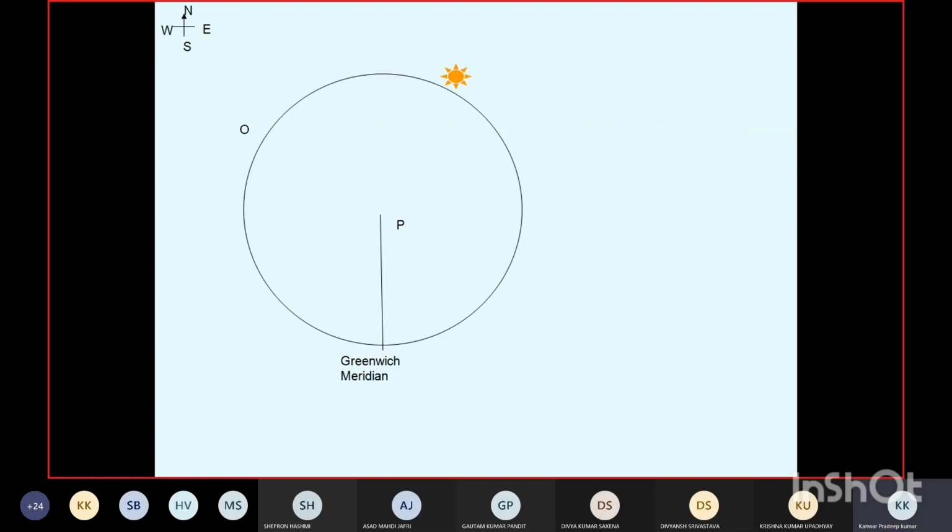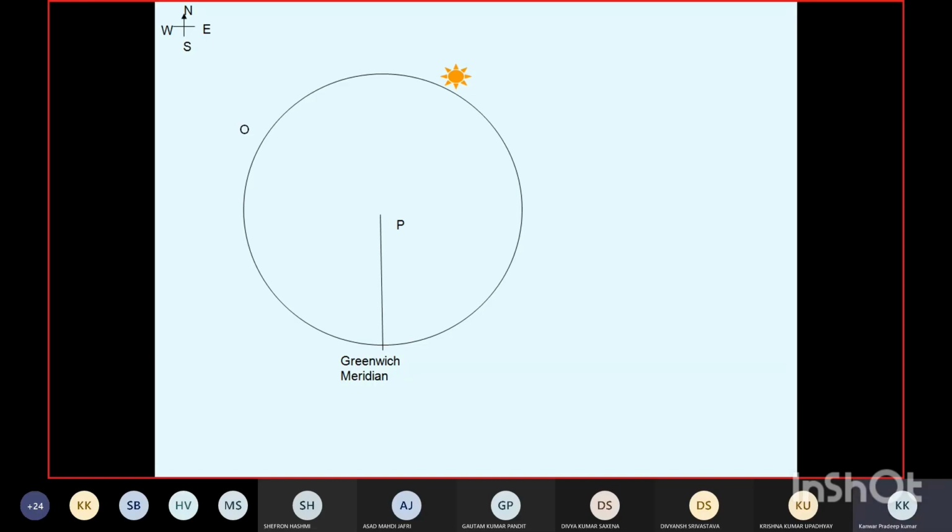So now what is the difference in this diagram over here? We do not see the first point of Aries. Instead of that, what do we see? We see the observer. I can draw a meridian passing through my observer's position.